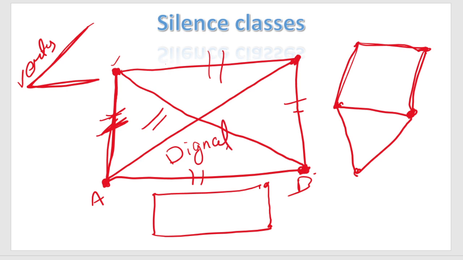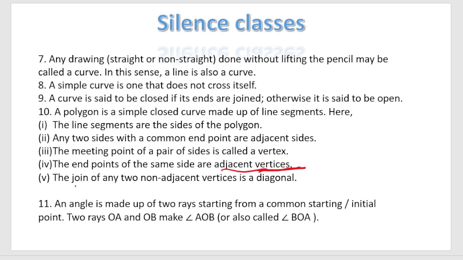I hope you guys understood. The joint of any two non-adjacent vertices is a diagonal.